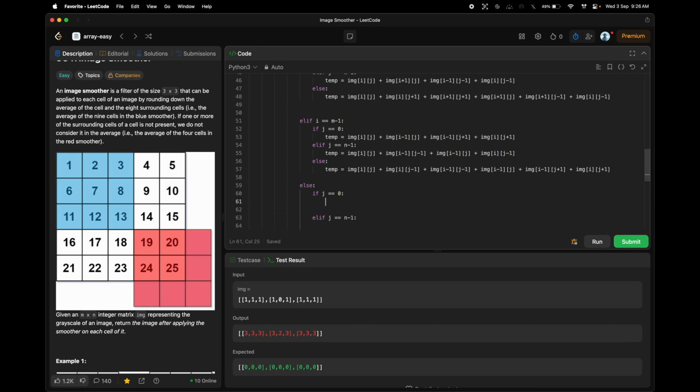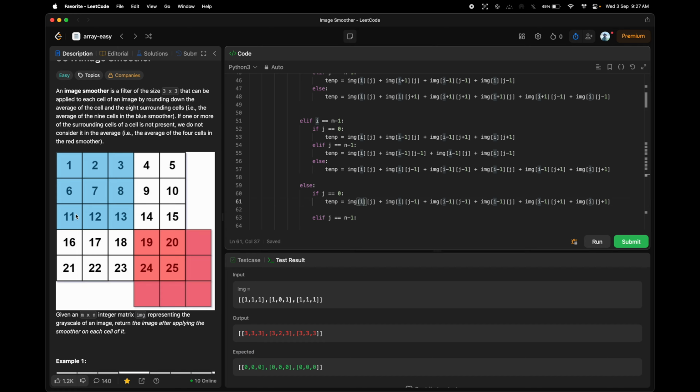Okay, if j equal to 0, then let's do this. Okay, copy. If j equal to 0, let's say I'm on this number.